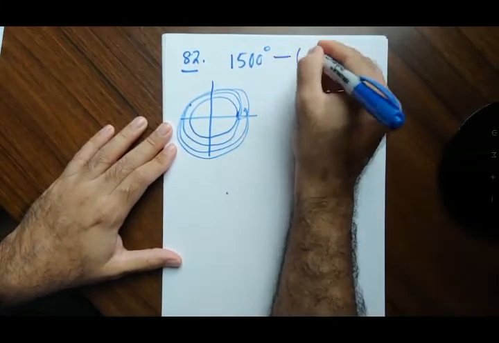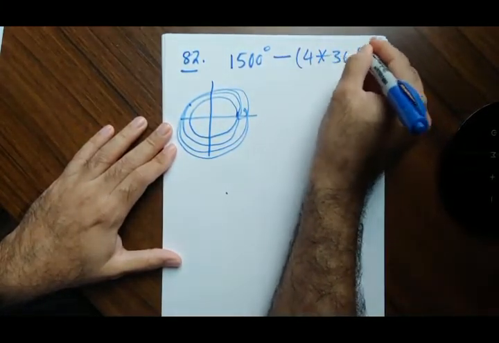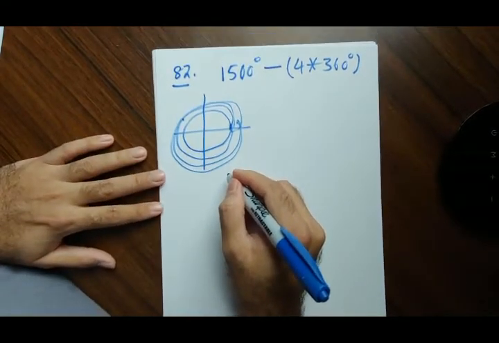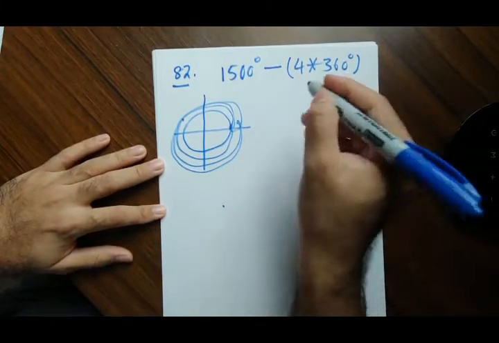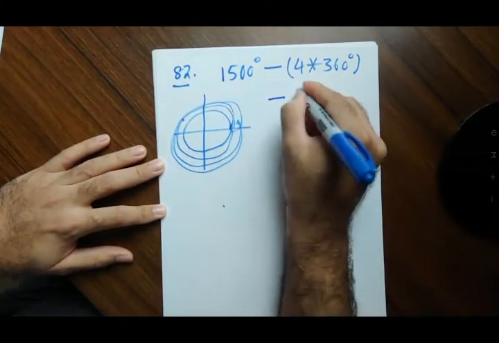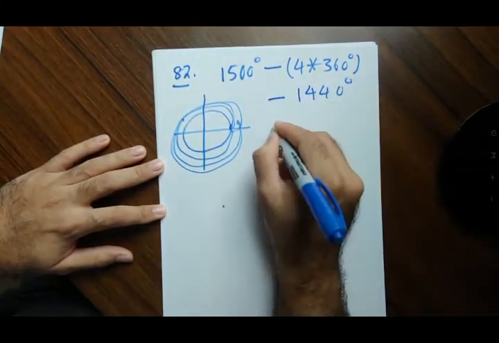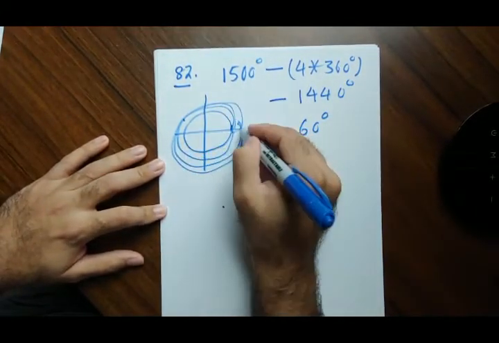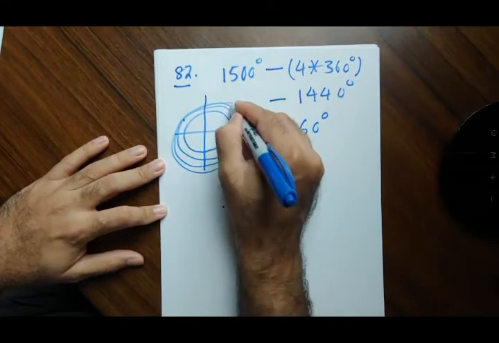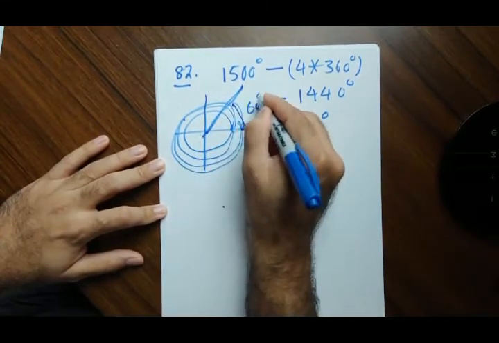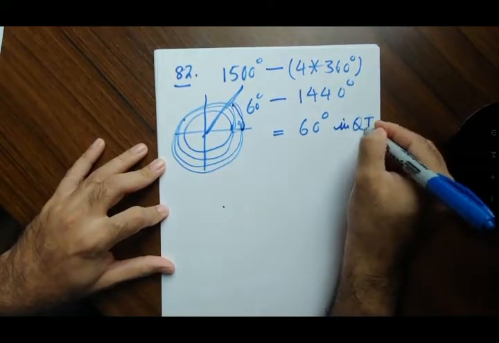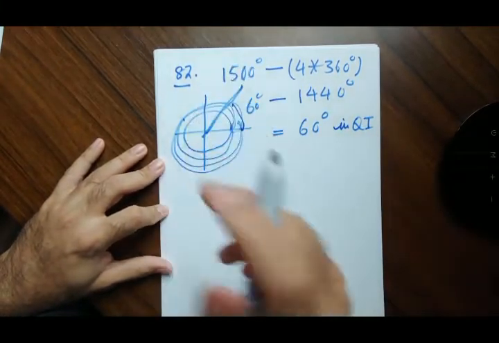So if I subtract 4 times 360, then I will get 1500 minus 1440, which is 60 degrees. So after 4 rotations of 1440, we will be here. This is the 60 degrees right here, and that's in quadrant 1, that will be the reference angle for this 1500.